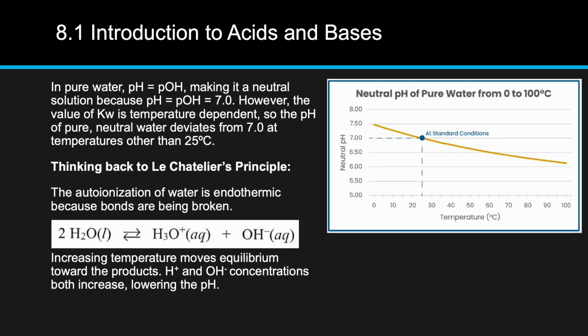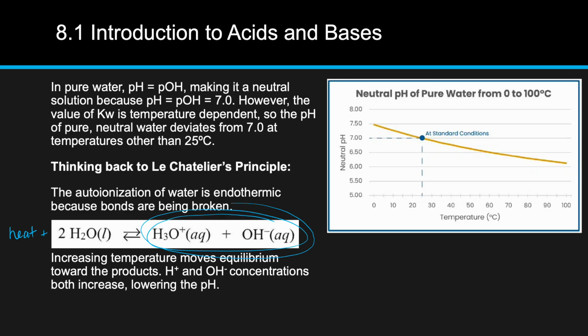So if we're looking at this equation and we know it's endothermic, we talked about the heat being a reactant. So if we increase the temperature of water, we are going to shift away from the heat, which means we are making more ions. And because our concentrations of H plus and OH minus are the same, they're both going to increase.